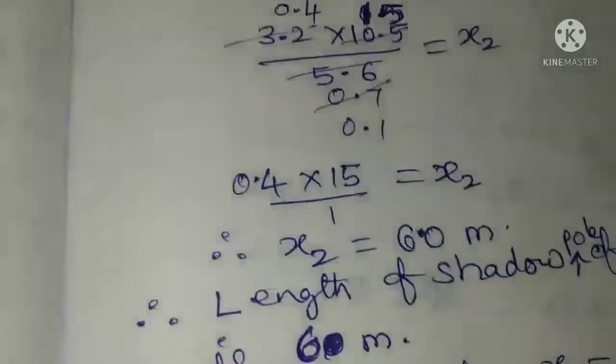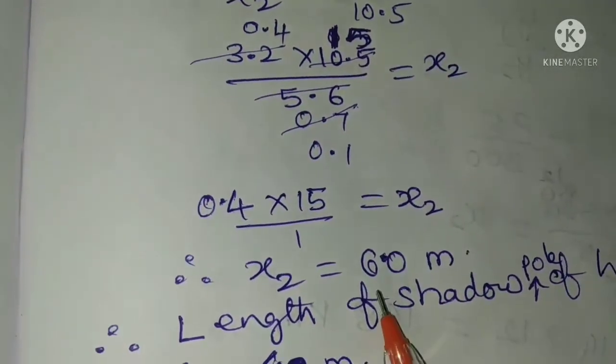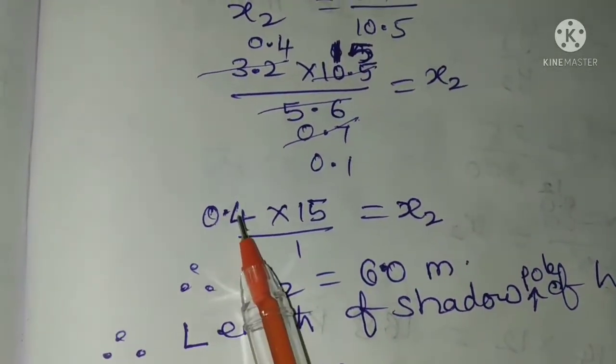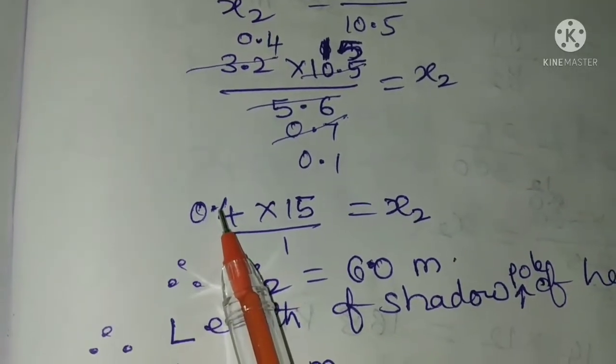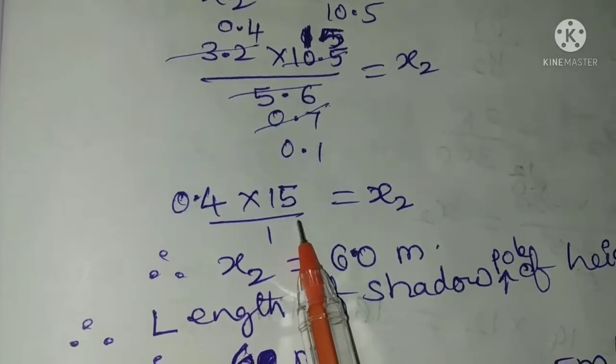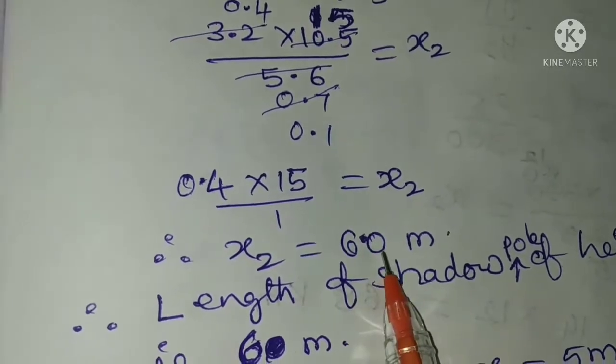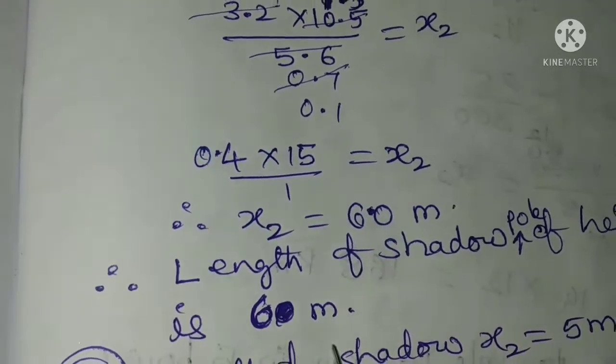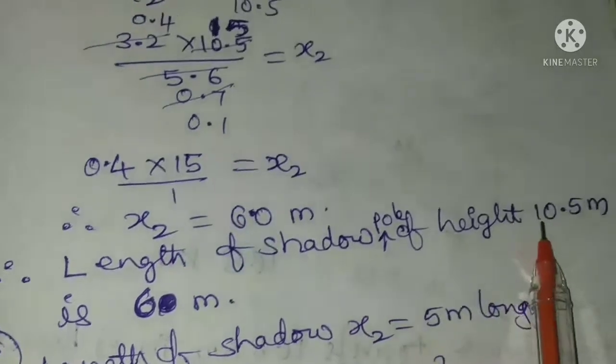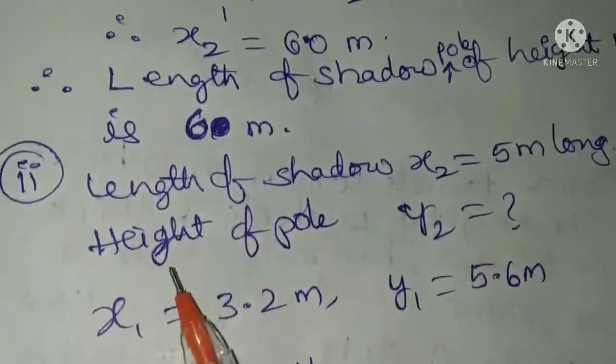But there is a decimal point here, so we get 6.0. 6.0 means it is 6 meters. Length of the shadow of the pole of height 10.5 meters is 6 meters.